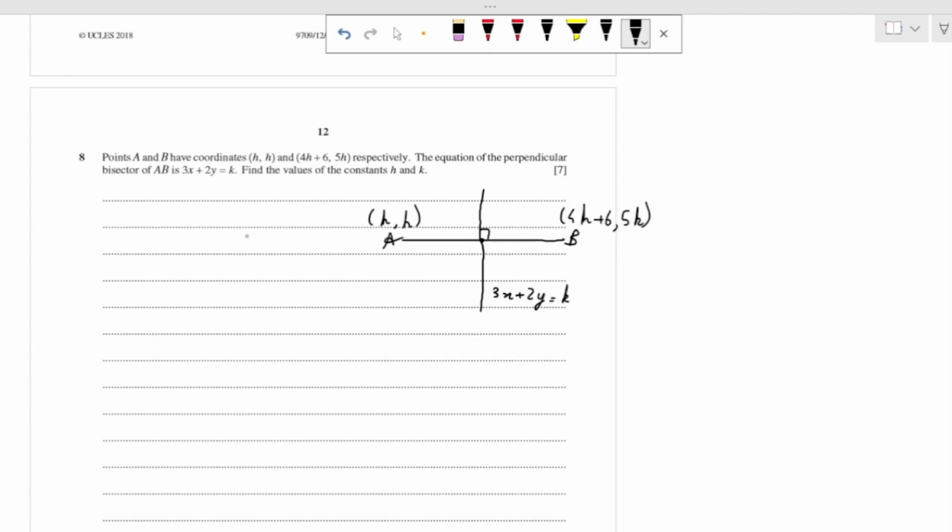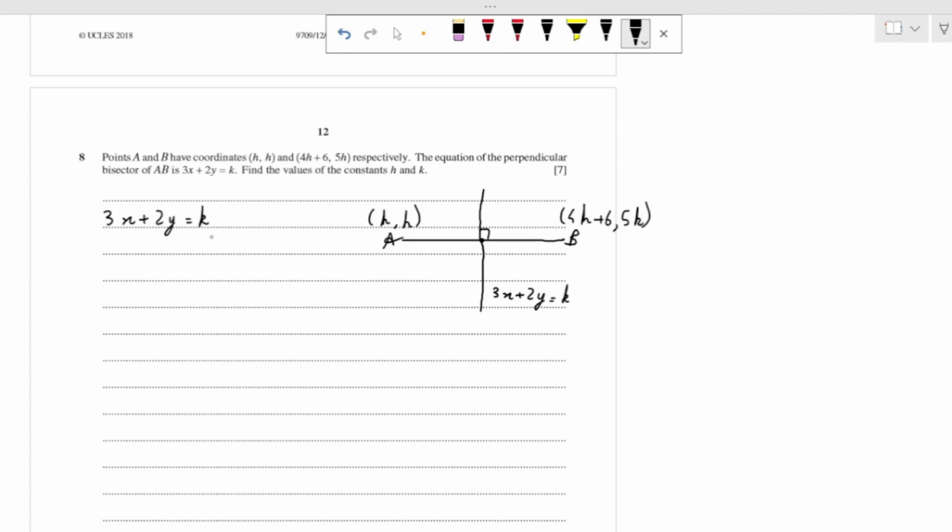So first of all, let us try finding the gradient of one of these lines. We can't find the gradient of AB right now because we do not have the value of h, but we can find the gradient of the perpendicular bisector if we rearrange it. So 3x plus 2y equals k.